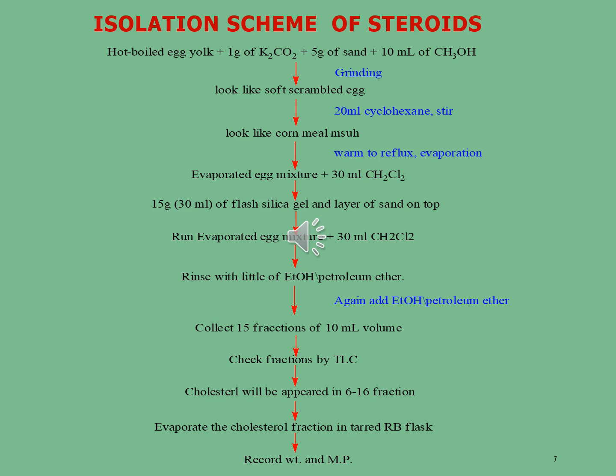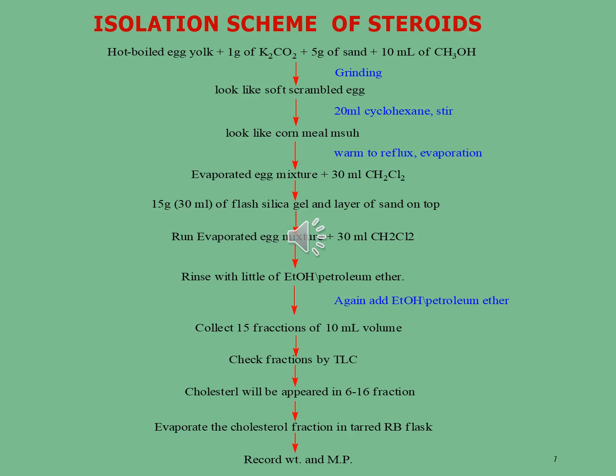After that, the whole column is eluted with 30 ml of methylene chloride. Now it is rinsed with ethanol with the help of petroleum ether. After that, again the elution is carried out with ethanol and petroleum ether in a specific ratio.